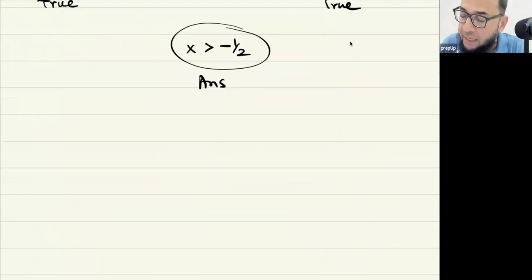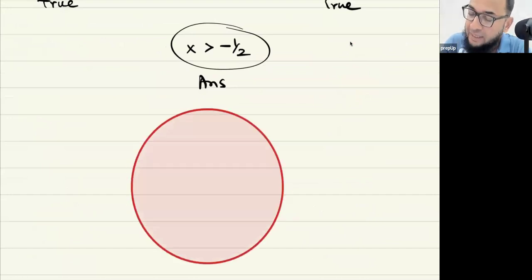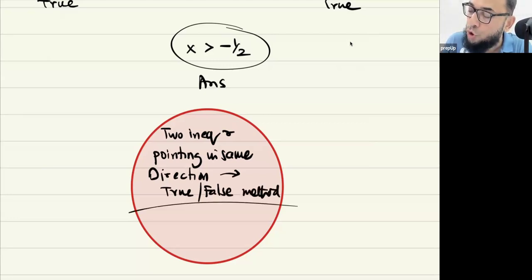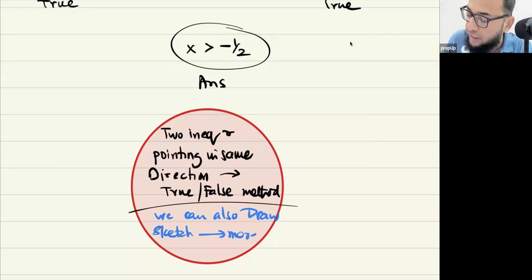So the bottom line, the rule is whenever two inequalities are pointing in the same direction, we will apply the true false method. Yes, if you want to, we can also draw a sketch, but that is more time consuming.